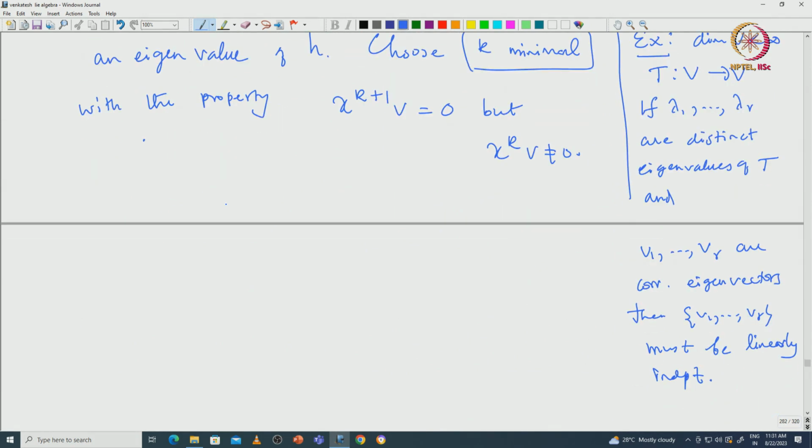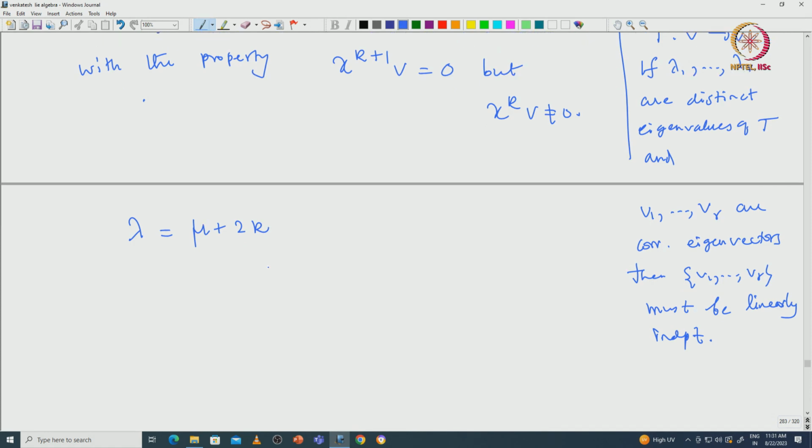So, now with that k, we can actually take lambda to be mu plus 2k. Okay. So, then what happens? If you take this v naught to be the eigenvector corresponding to that, that means it is exactly this x power k v.